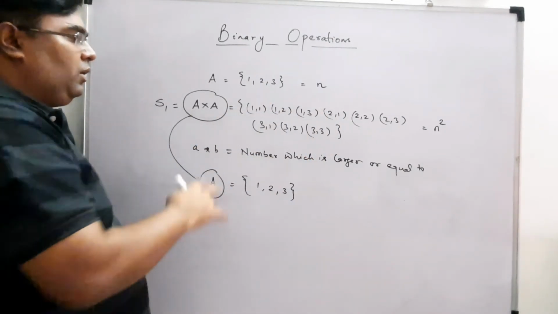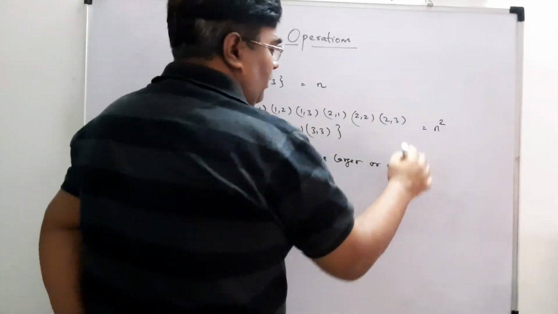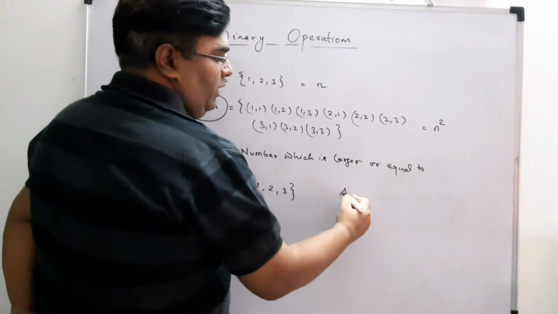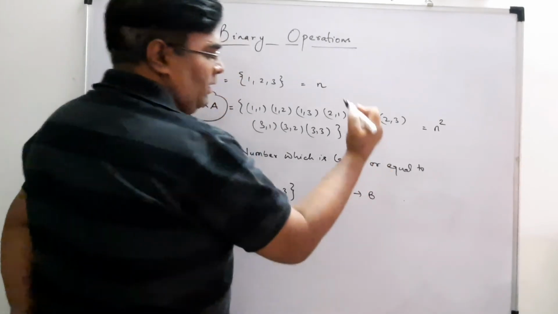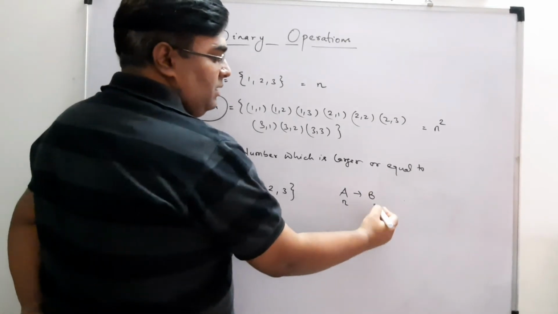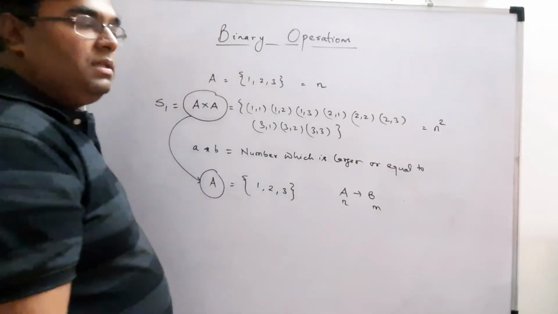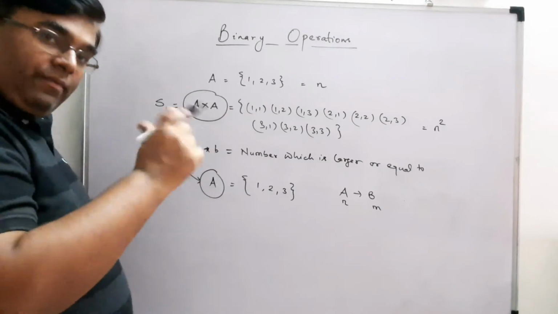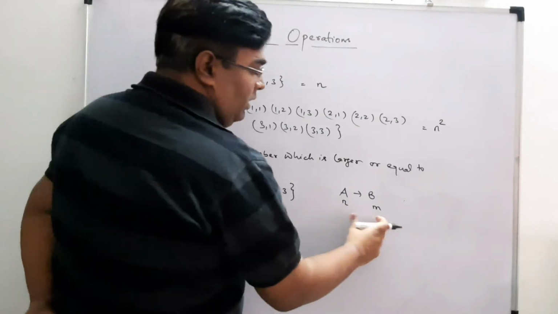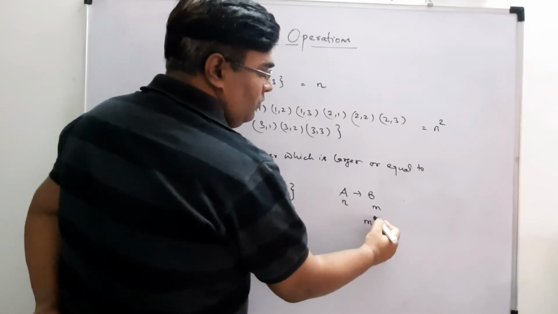And if a function from A to B is there, and A has n elements and B has m elements, then the number of functions we can form is m raised to n.